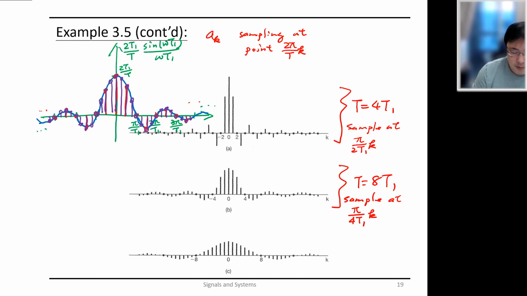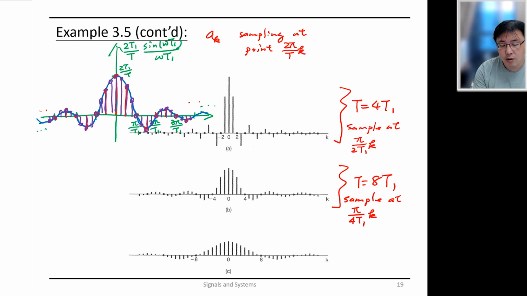Okay, and you can see that this is indeed what we get by sampling at the purple points. Right, so this is A0, 1, 2, 3, 4 to 0, okay, and so on and so forth, right?